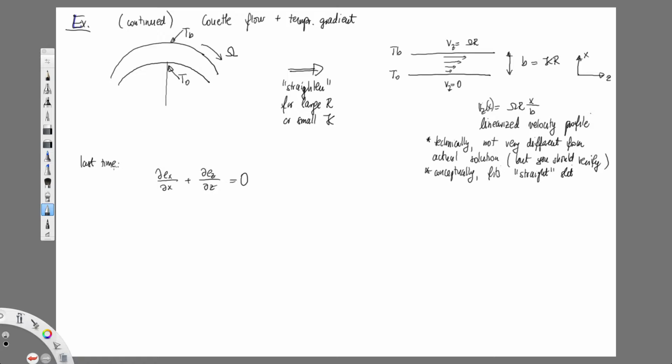My energy balance gives me this, and it's very similar to the way we were doing a z momentum balance or x momentum balance or whatever balance we were interested in before. We also analyzed what EZ actually is, and we got that this is equal to 0. So this equation essentially comes down to partial Ex partial x is equal to 0.